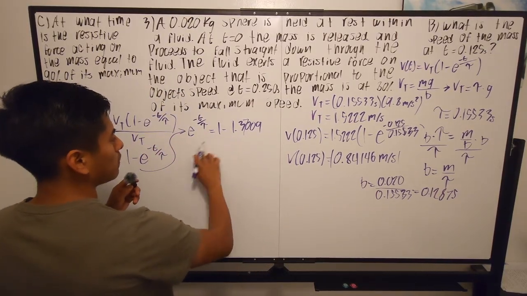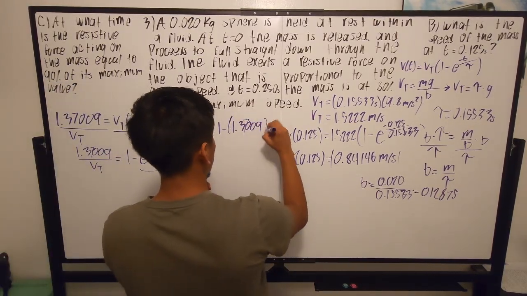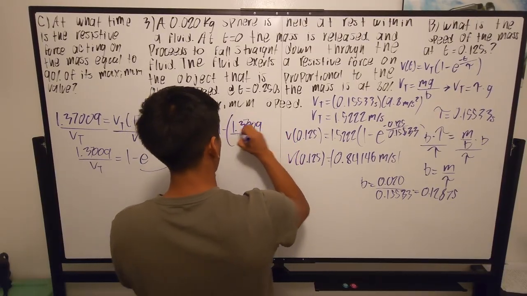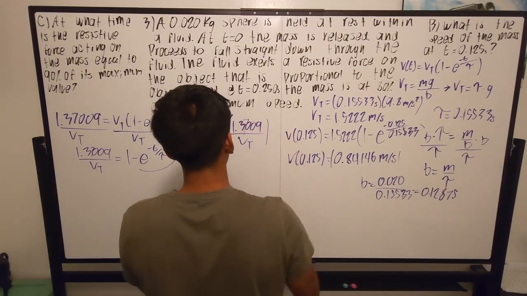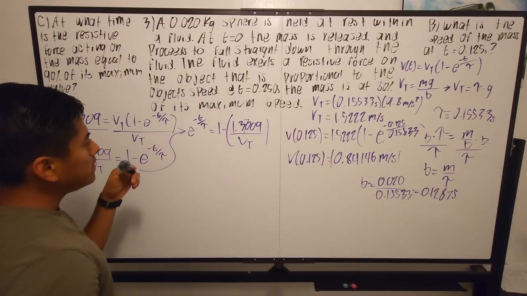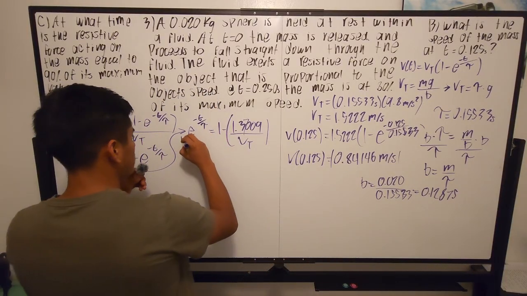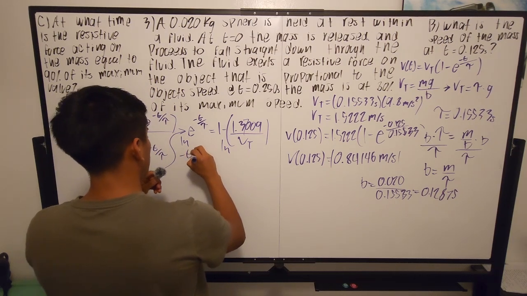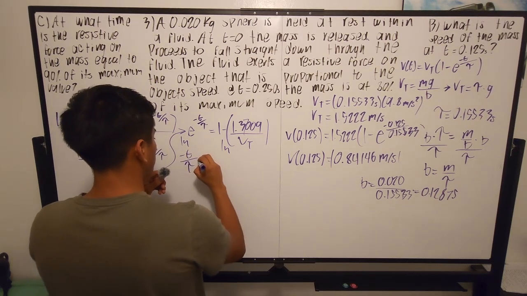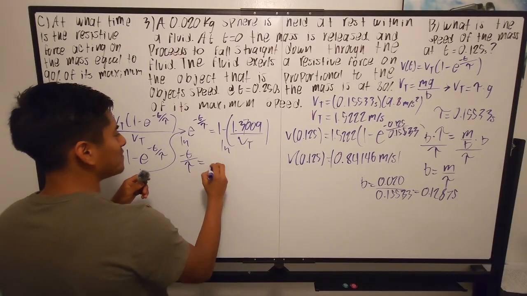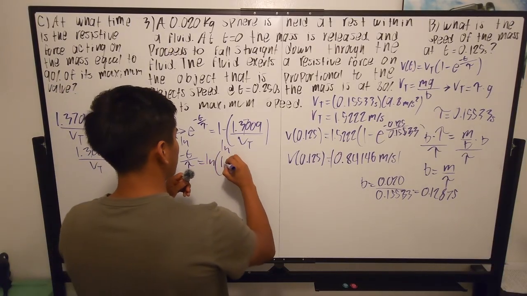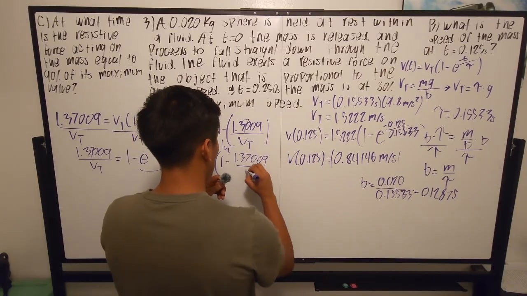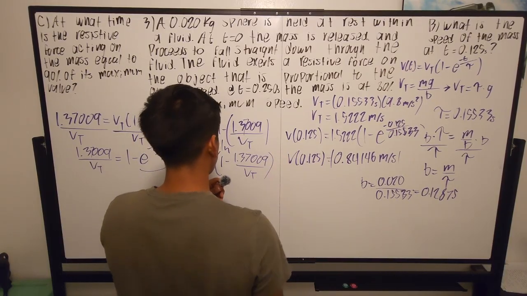All over vt. Now to get rid of this e, I'm going to take the natural log of both sides. So the natural log of that side, the natural log of that side, we are going to be left with negative t over tau equals the natural log of 1 minus 1.37009 over vt.